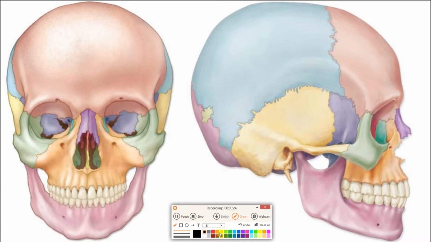Let's run through the cranial bones really quickly, just in case you forgot any of them. This guy right up here is of course the frontal bone. We see him right here as well. He is going to articulate with the two parietal bones behind him with that good old coronal suture.